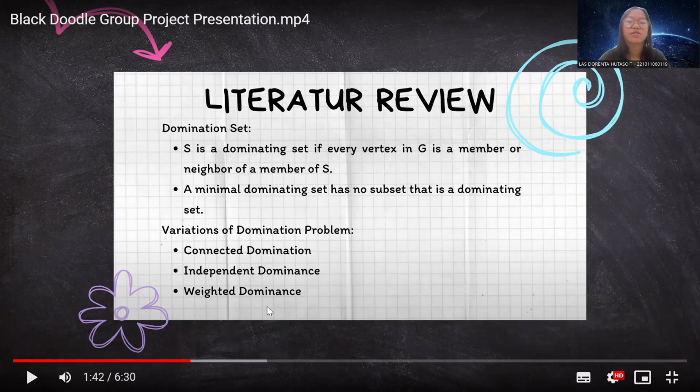Algorithms for minimum domination. First, the greedy algorithm. The greedy algorithm is the most popular method to achieve optimal performance. Second, the ant algorithm.